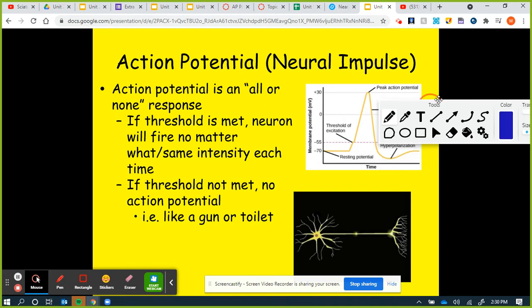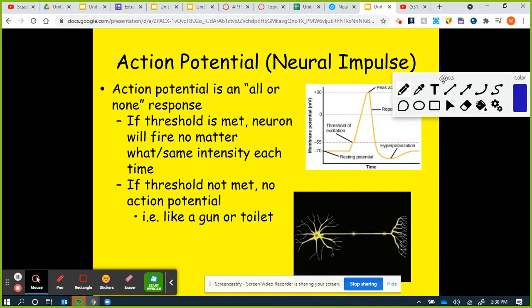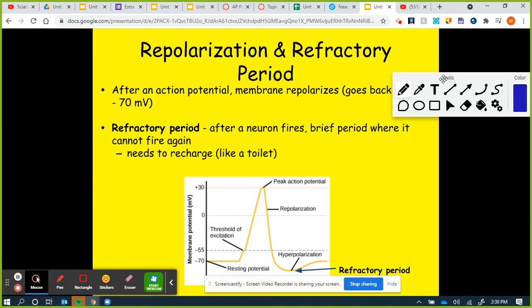All right, so there's the action potential. After a neuron fires, so remember, this is all happening in a millionth of a second. And this is happening nonstop all the time. Anything that you are perceiving at any given time is because of this happening.